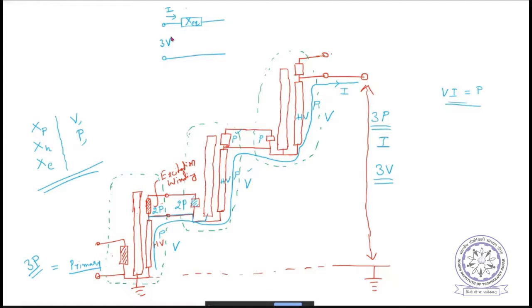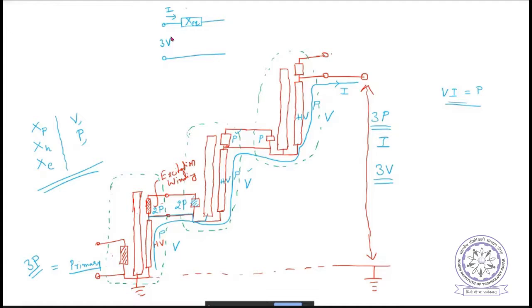XEQ on the secondary side should represent the complete equivalent reactance of the entire system. Entire system means all three transformers: primary, secondary, tertiary, everything.